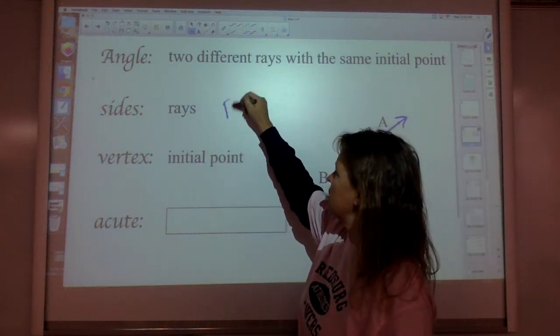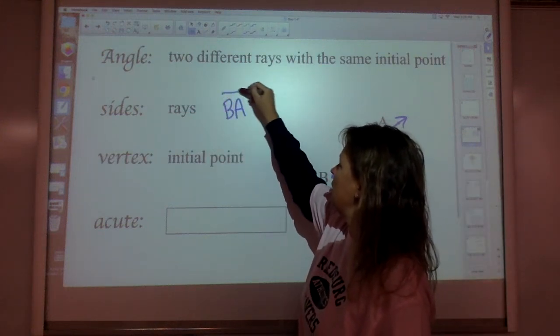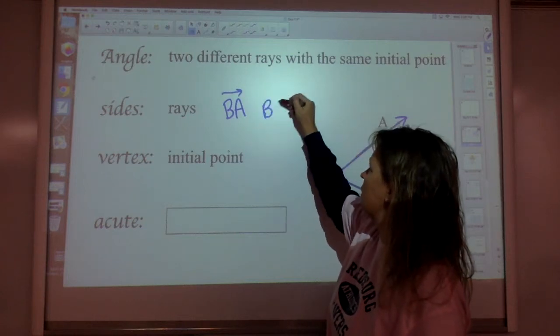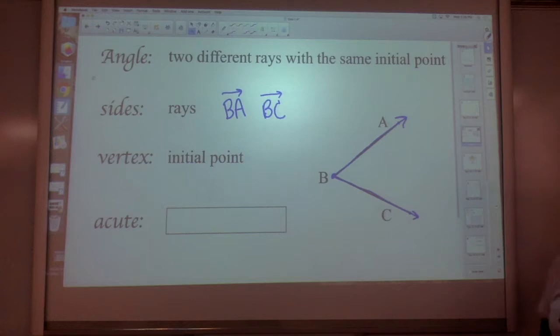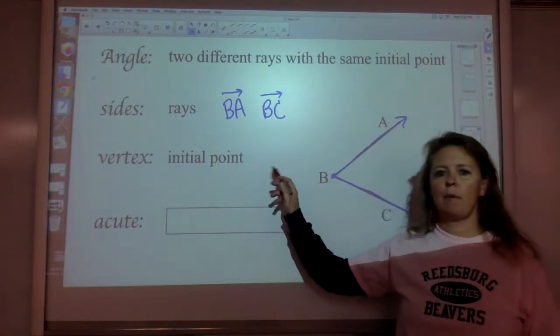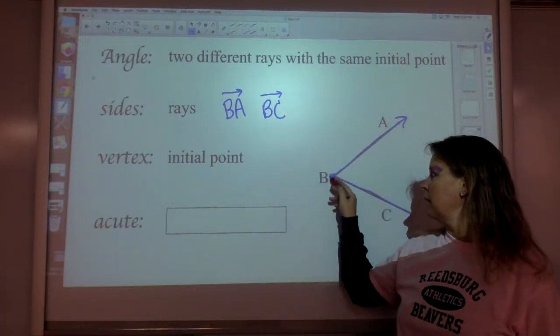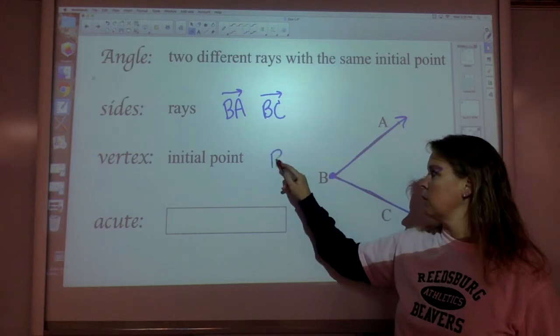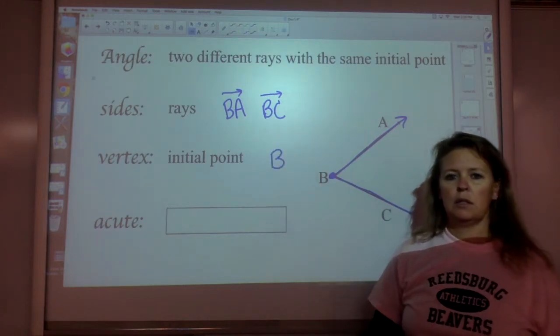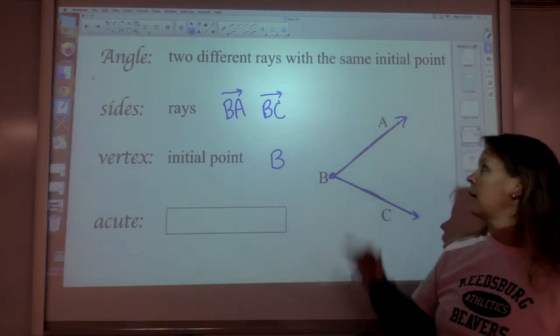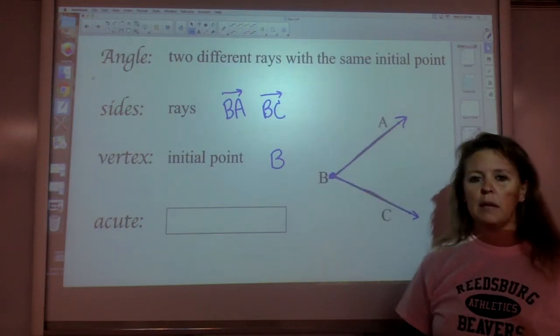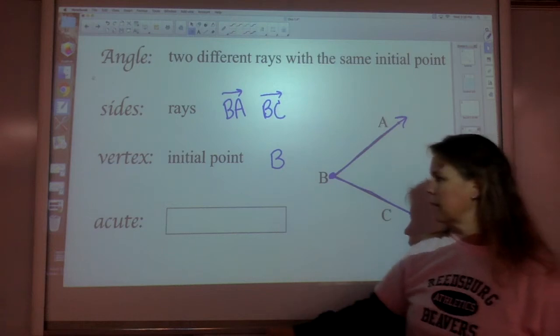So if it asked for the sides, you would say ray BA and ray BC are the two sides of your angle. If it asks for the initial point, remember a point is just a capital letter. Represent a point. Do not write point B, just put a B there. We're going to talk about different ways to name an angle, but not just yet. We'll come back to that.